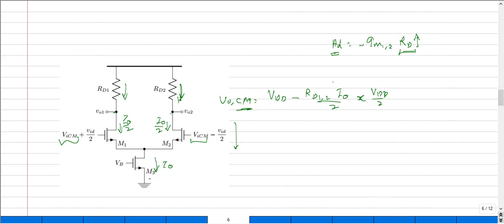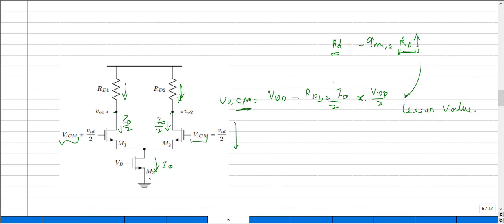So the gain that we would end up with out of this simple circuit will be very small, right? The differential gain will always be a lesser value due to the value of RD that we can put inside a chip.